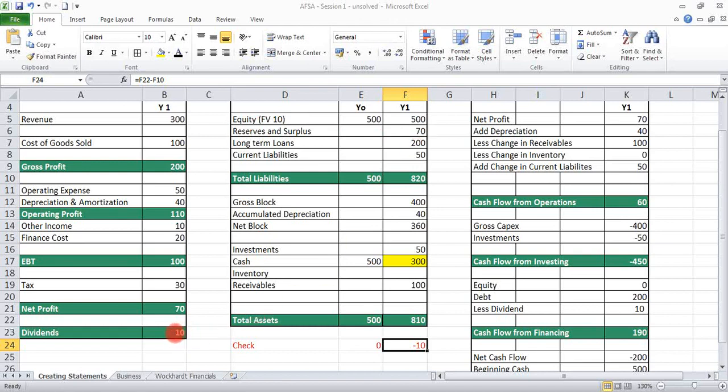Whatever is distributed as dividend is anyway gone to the equity holder. So what will come in here is last year's reserves and surplus plus the net profit minus the dividend. The moment we do that, we have a fully balanced balance sheet once again, which gives us the statement: cash balance at the end of the year is 300, balance sheet is balanced, total size being 810 crores.